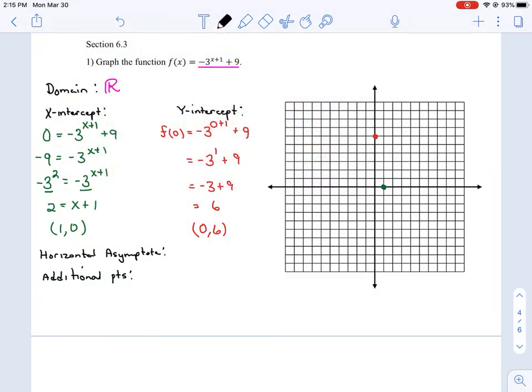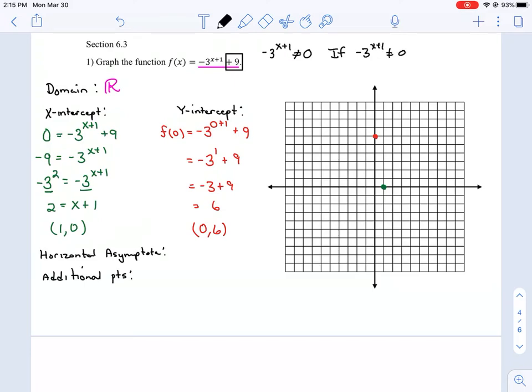Next, we're going to find the horizontal asymptote. And the horizontal asymptote is the constant term at the end of this exponential function. And the reason why that's a horizontal asymptote is because negative 3 raised to the x plus 1 cannot equal 0.